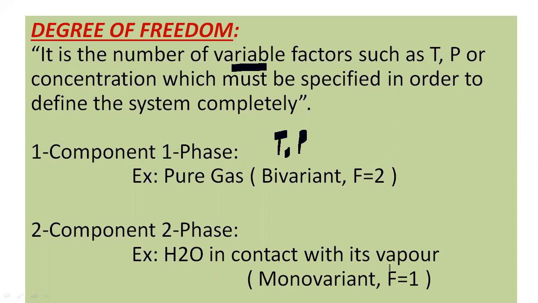So overall, under the degrees of freedom, remember that the F value depends on the variable factors. I hope all three terms involved in the phase rule equation are clear: the first is phase, the second is component, and the third is degrees of freedom.